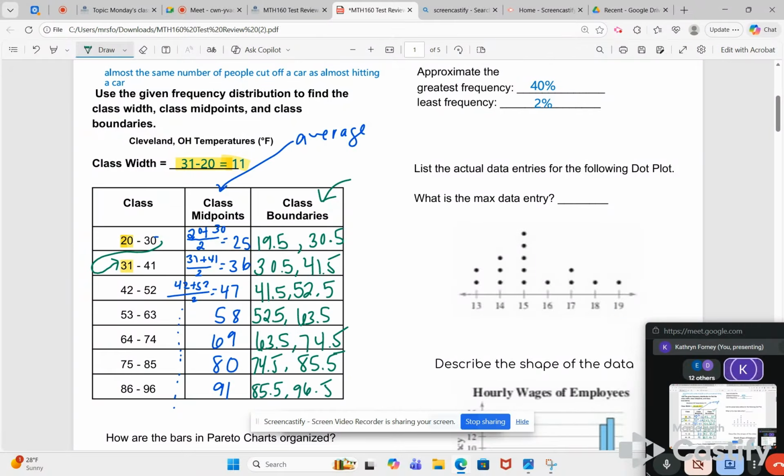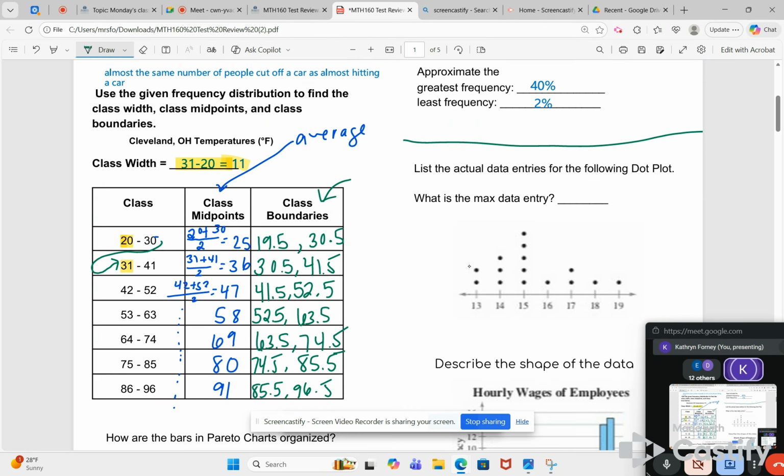So that is your frequency distribution. And what those class boundaries are is that would show you where you would create your bar if you were making a histogram. So now, beside of it, it says list the actual data entries from this dot plot.